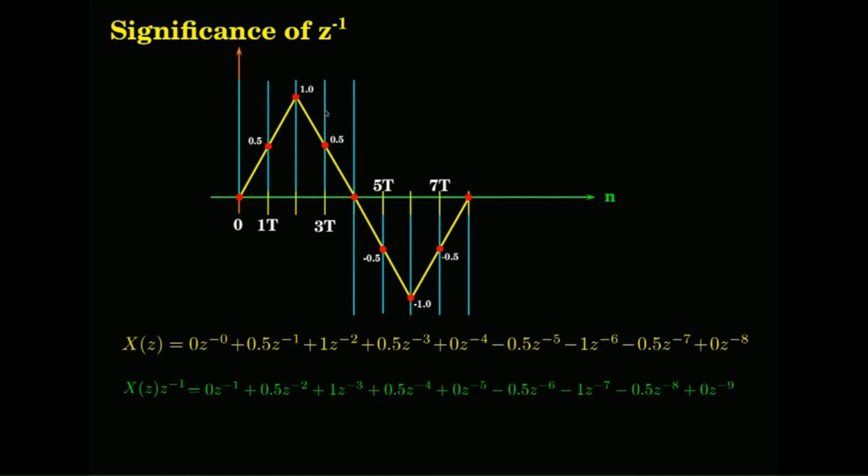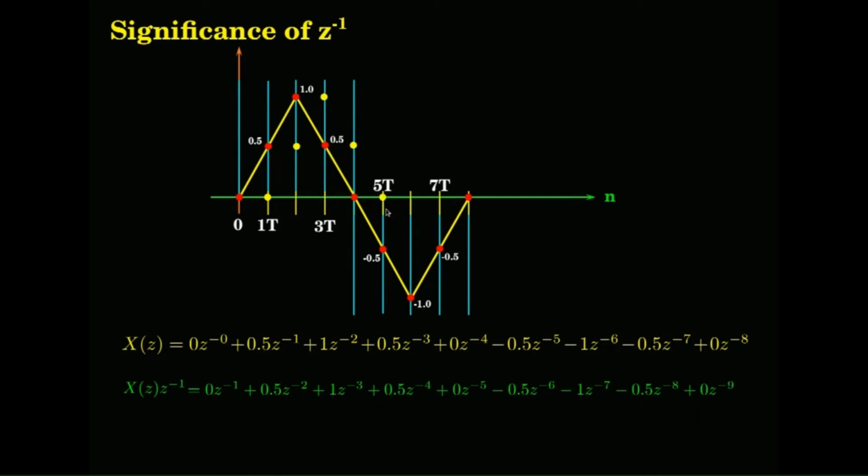So when you plot back again, Z to the power of minus 1 implies 1T sampling time. So it is 0 at this point, so we mark that. Z to the power of minus 2 is 2T, so it is 0.5 at this point, 1, and so on.